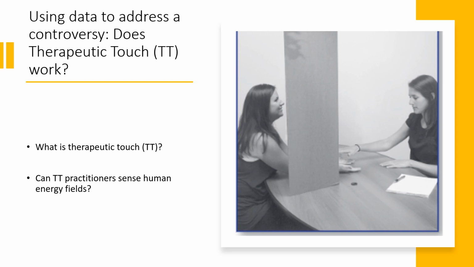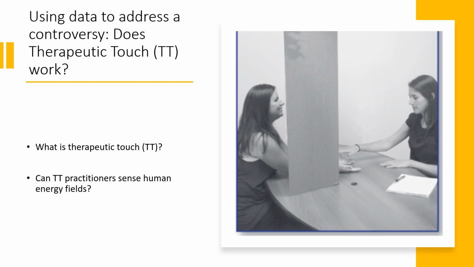This is a therapy that is currently used around our nation, where a practitioner purportedly feels human energy fields emanating from someone's body without actually touching the body, and then using their hands removes negative energy from the body, thereby purportedly improving the patient's condition. This is a controversial therapy because there's not a lot of evidence that it actually works.